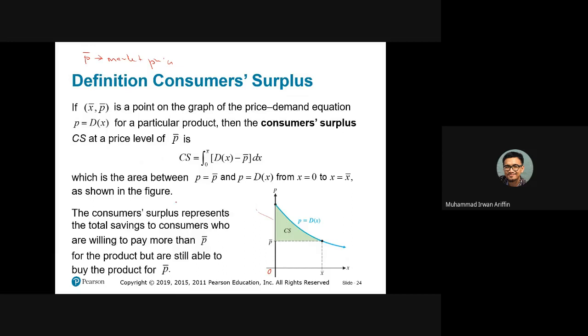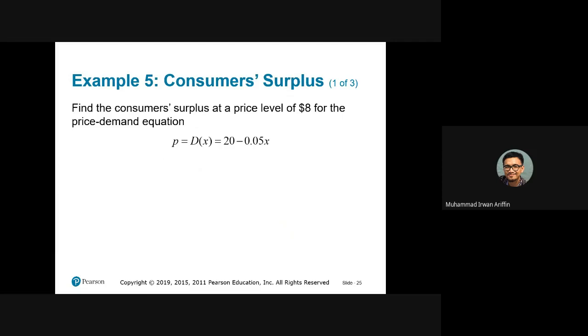It represents the total saving to consumers who are willing to pay more than P bar for the product but are still able to buy it at P bar. They are willing to pay a higher price, but in the actual situation they only pay a lower price. Let's do this example together. Find the consumer surplus at the price level of $8 for the price demand equation.